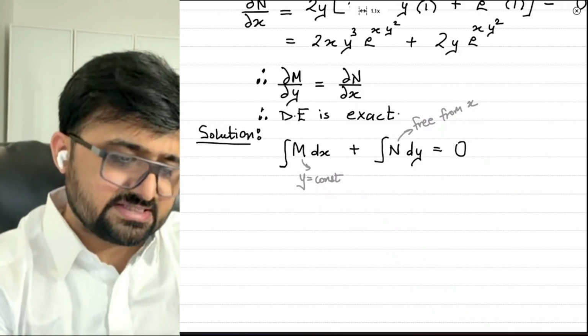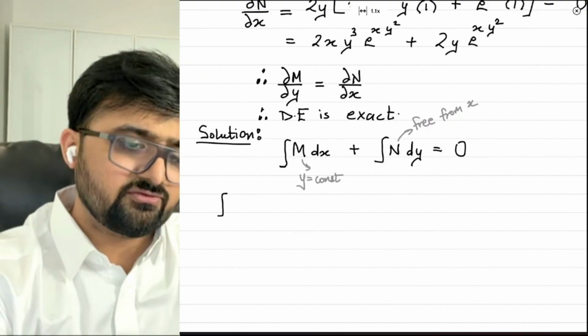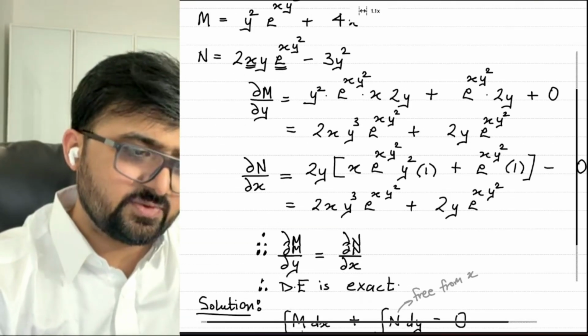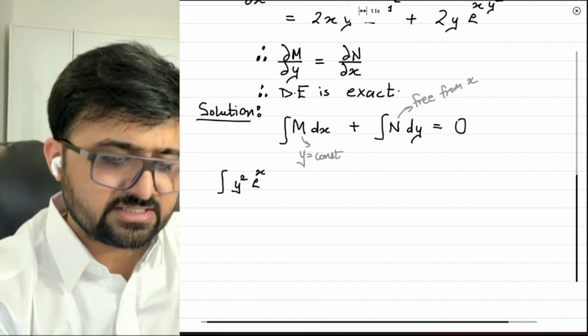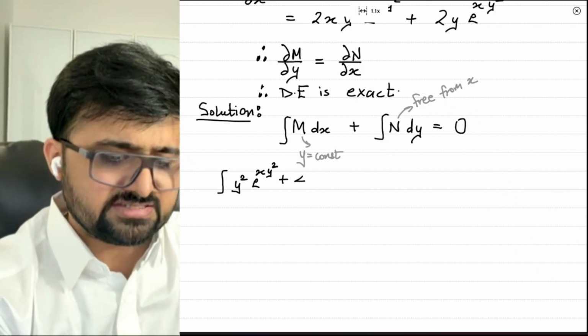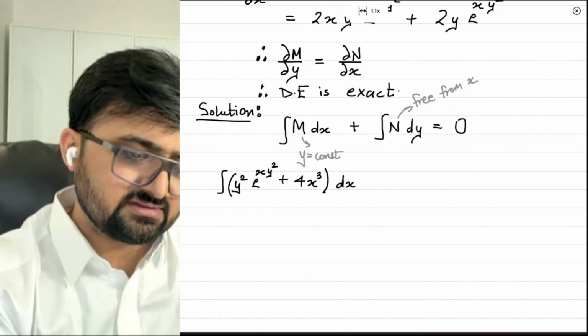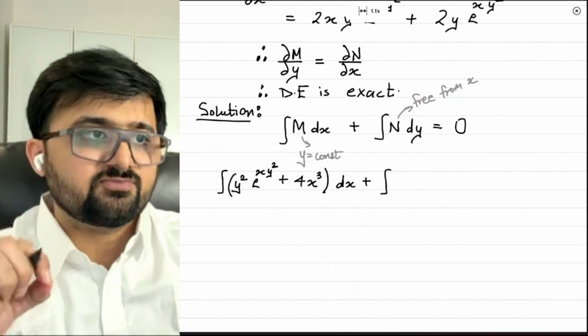So now let's substitute the values of M and N. We have the integration of y² e^(xy²) plus 4x³ dx plus, remember that in N we only take the terms free from x.